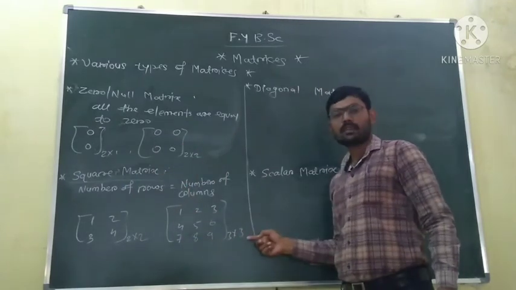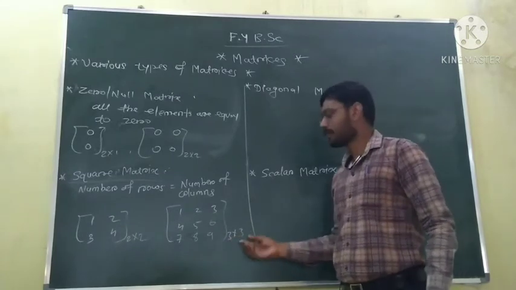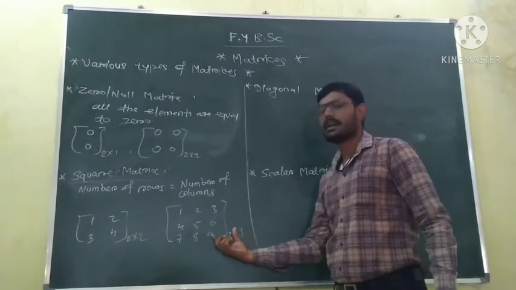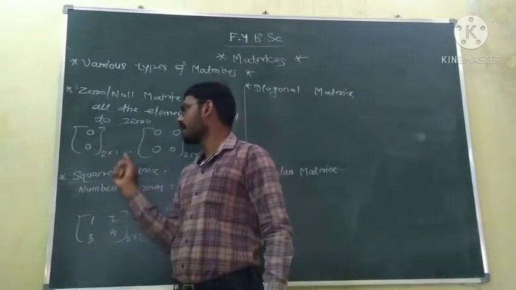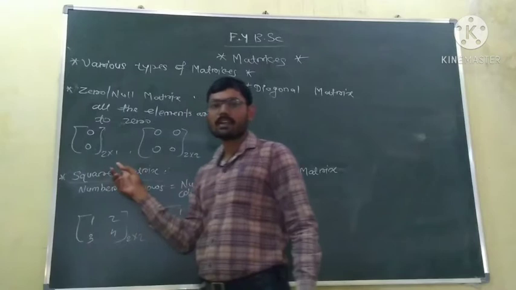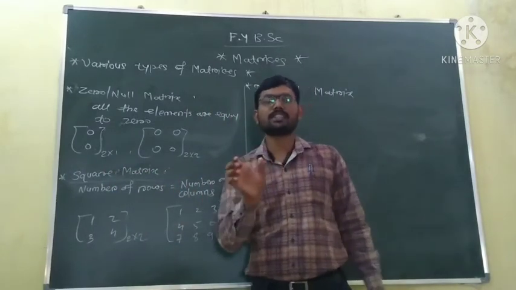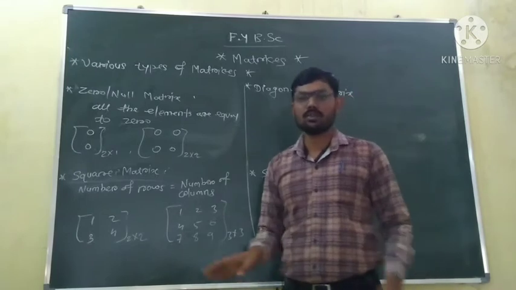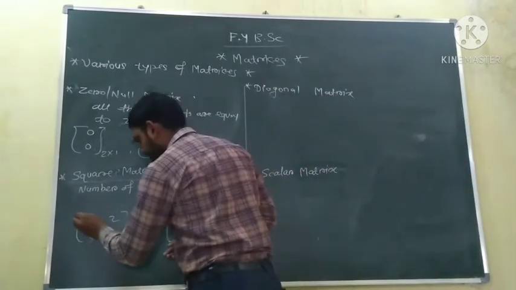This is 3 by 3. Here m and n are the same, so instead of saying 3 by 3, we just say this is a 3 square matrix. But this is not the case here. This is 2 by 1. We cannot say 2 square matrix. It is not a square matrix. So if a matrix is n by n, that is a square matrix, then we say that it is an n square matrix.